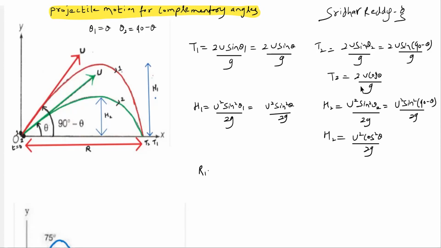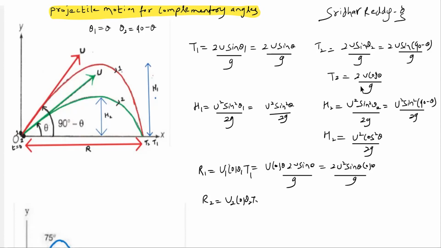We'll go for range. Both are projected with the same speed u. Look at this one. So the range R1 will be u cos theta 1 into t, which is u cos theta into T1, where T1 is 2u sine theta by g. What about the range of the second projectile with theta 2?